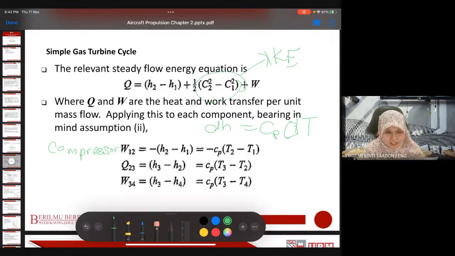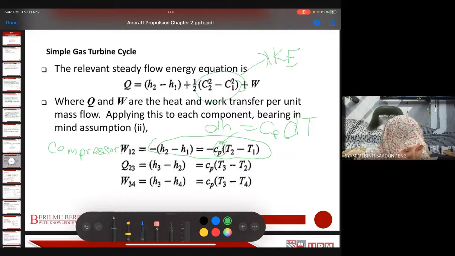If we had not said that the working fluid inside the gas turbine cycle is a perfect gas, we could not use dH equals Cp dT. And with constant specific heat, which we assumed, otherwise we would have to include the correlation for Cp, since Cp would not be a constant value.